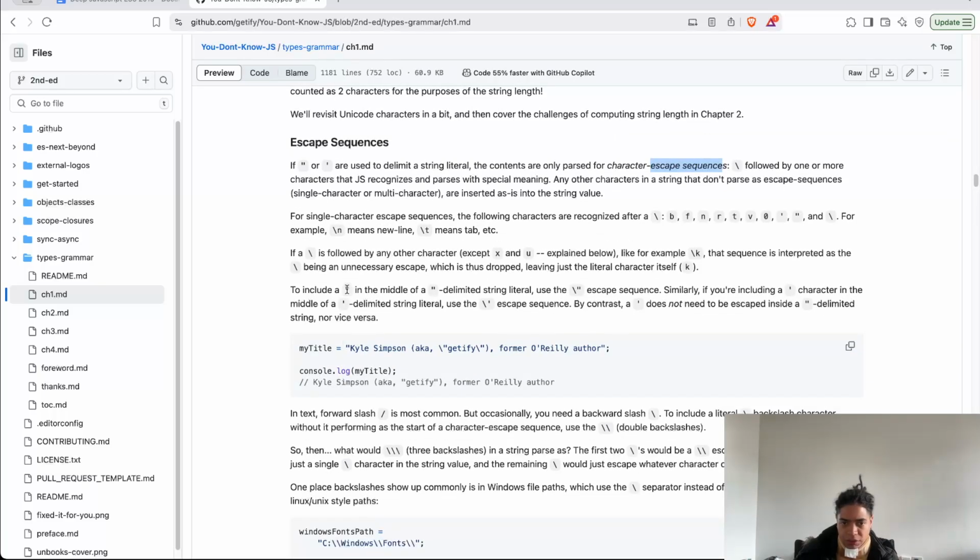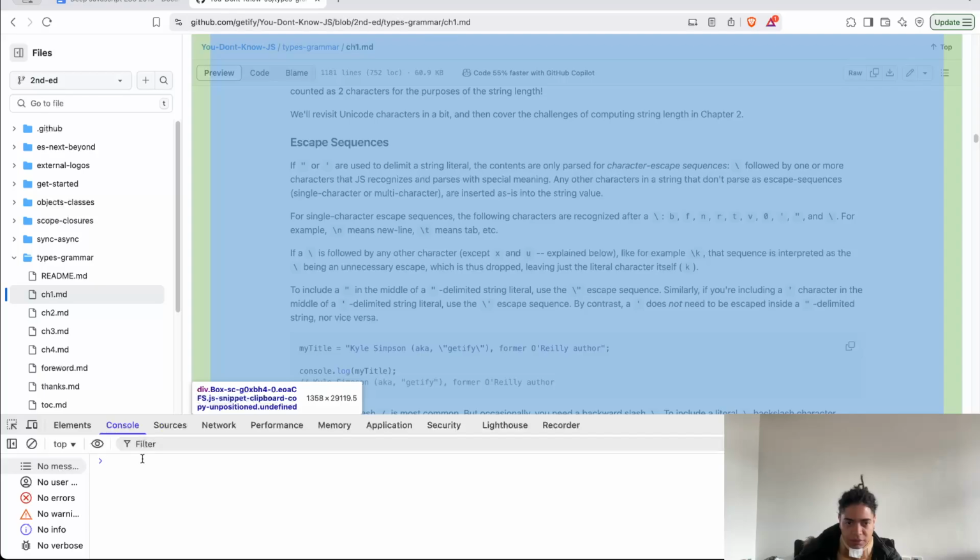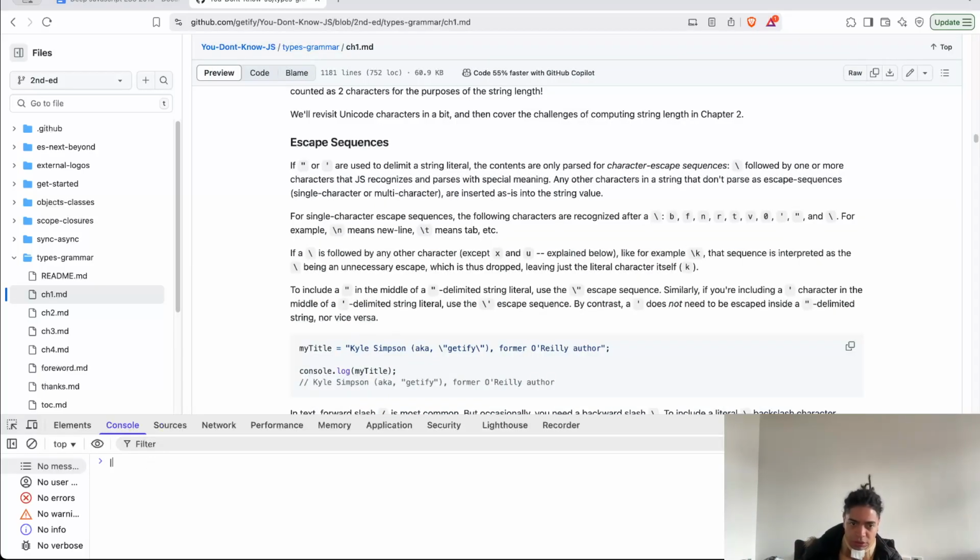To include a quote in the middle of this, delimit the string with this escape sequence. Okay, so for example, if you want to use now an escape sequence, for example, like this quote, and let's say you do this, all right? So I want to now escape this sequence and say hello.